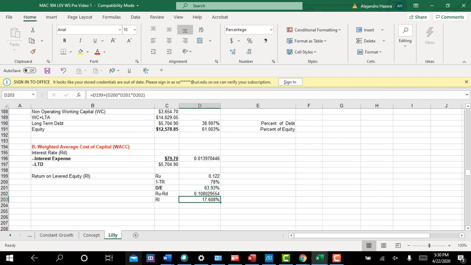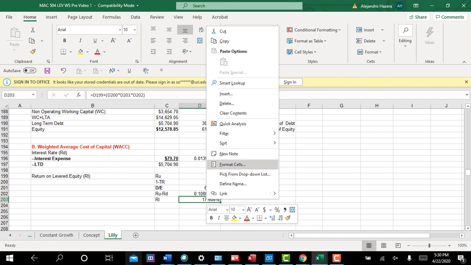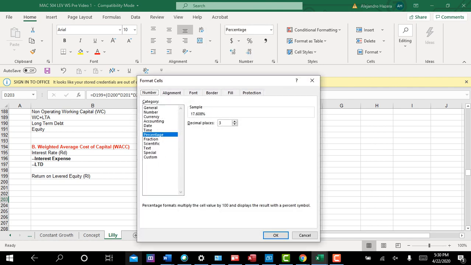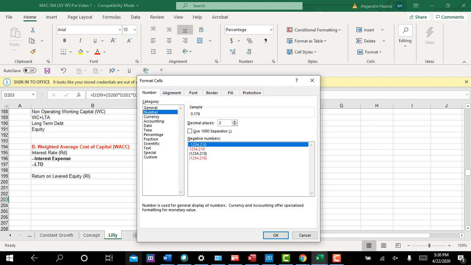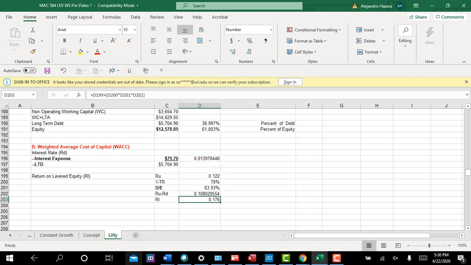To be consistent, I'll take the percentage off because I want to compare it to the return on unlevered equity. I'll just make it a number here, 1.176. Comparing the return on levered equity with the return on unlevered equity, you find that the return on levered equity is higher.